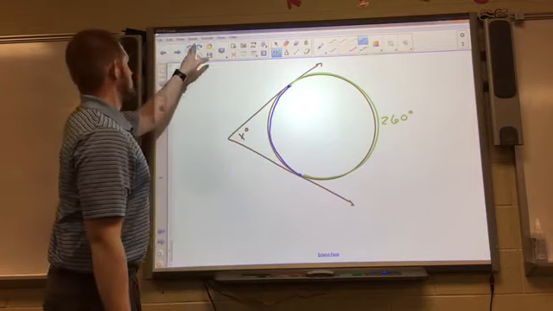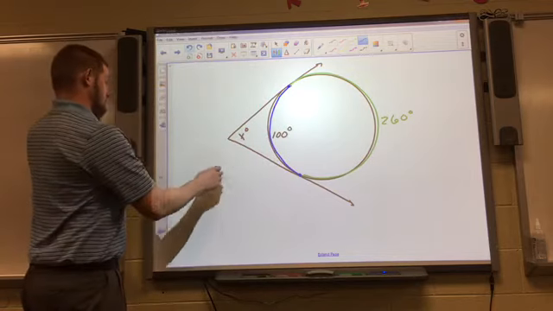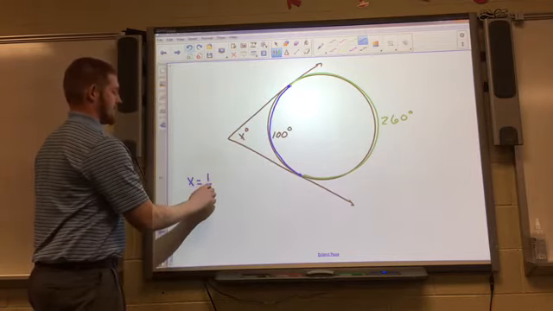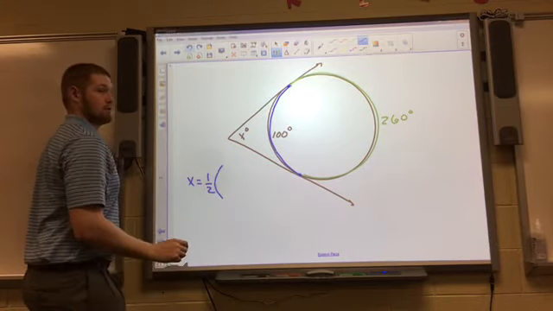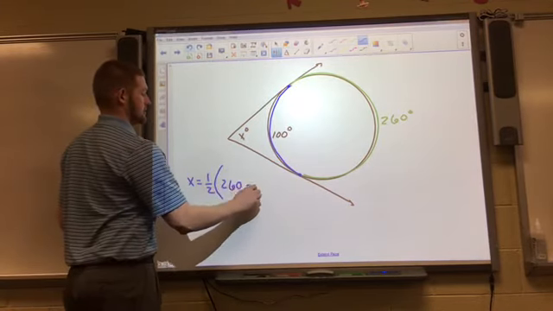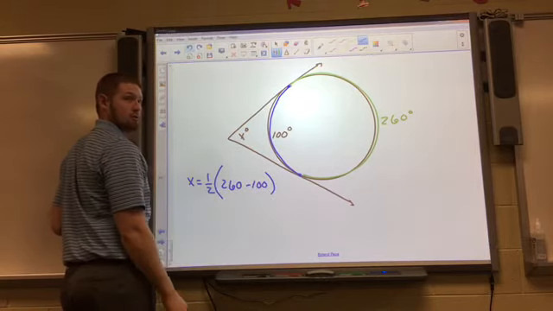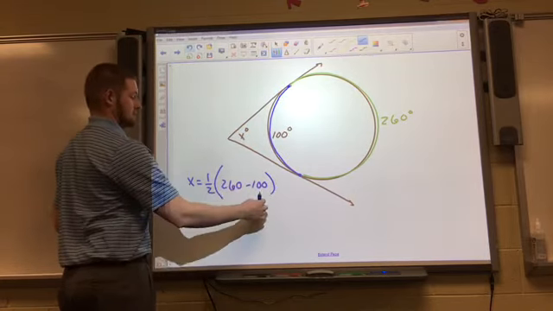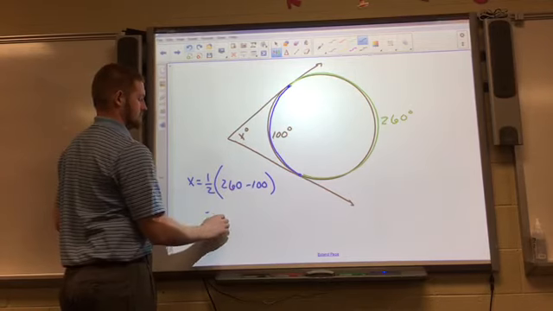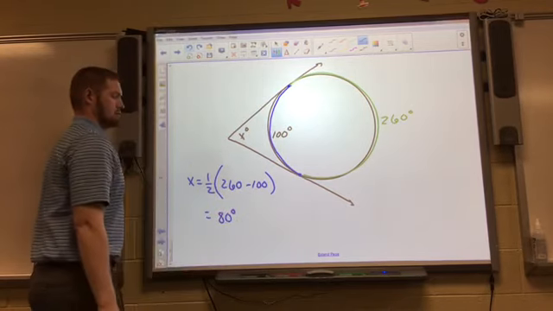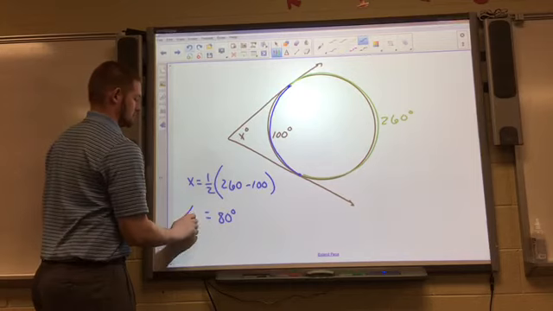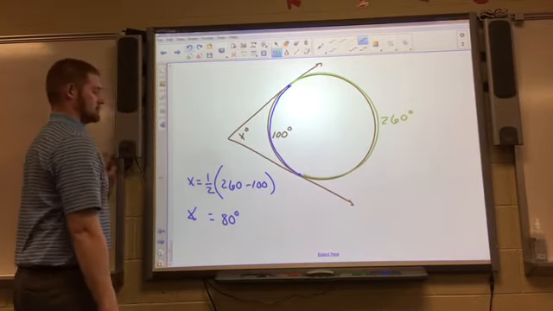Yeah. So then from there, our equation's pretty easy because I know that x is half of 260 minus 100. 260 minus 100 is 160. Half of that is 80. Okay.